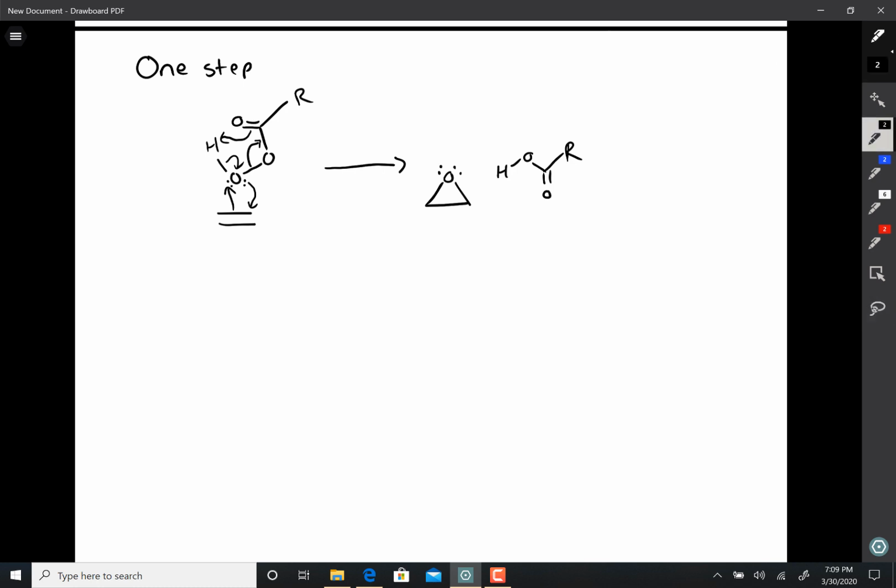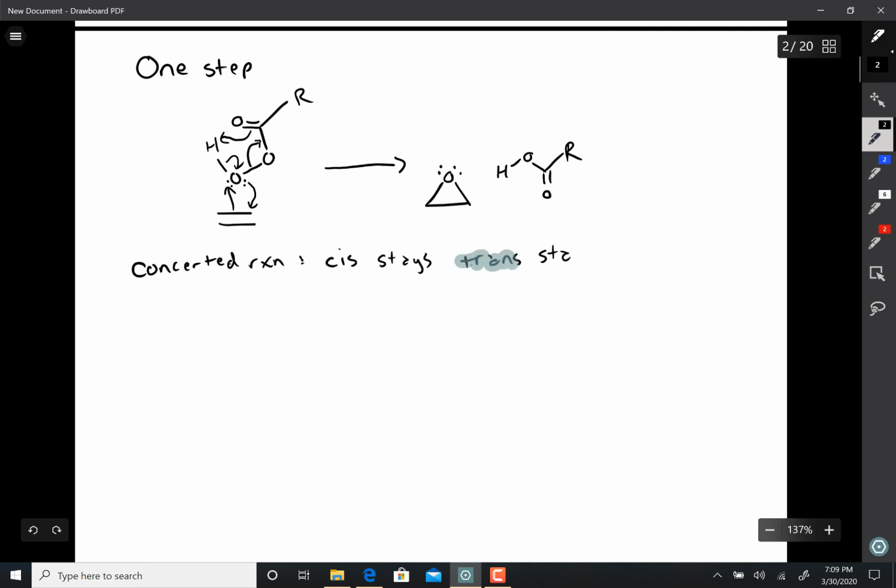So, now, this is a concerted reaction, meaning everything is forming in one step. That means this double bond does not have a chance to rotate. Another way of putting it, cis stays cis, trans stays trans.